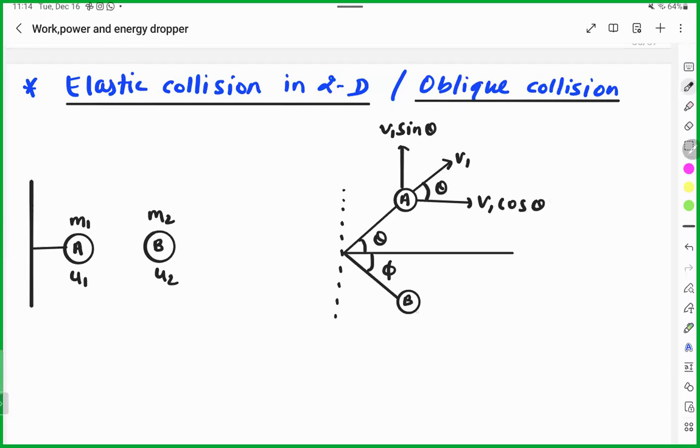If it is moving with velocity v2, there will be two components. If you take this phi, this will be v2 cos phi, and this will be v2 sin phi. Do you have any issue in this situation?